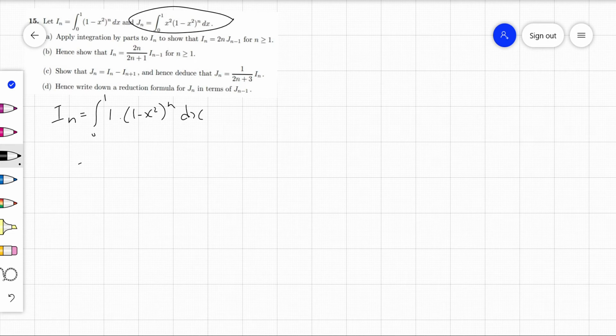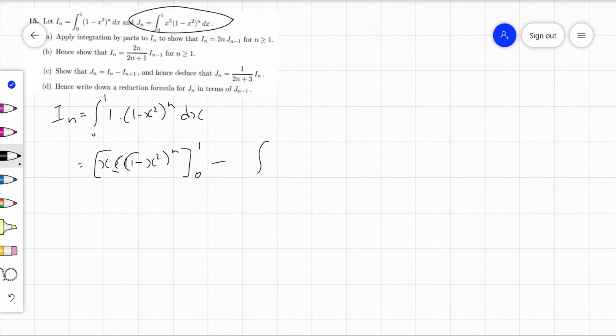So let's do that. I get an x, and I've got 1 minus x squared to the n, between 0 and 1.